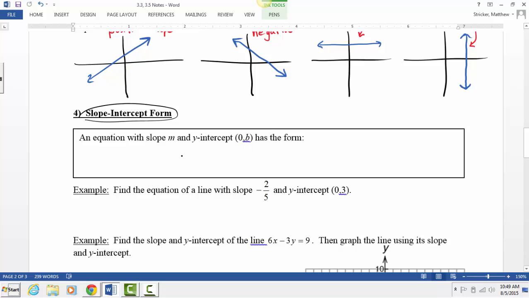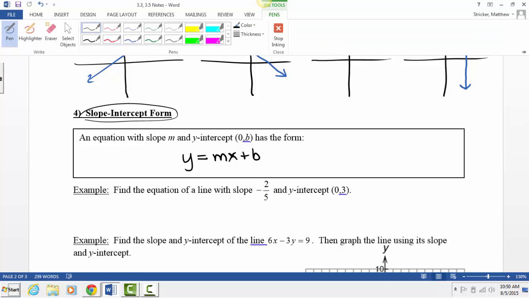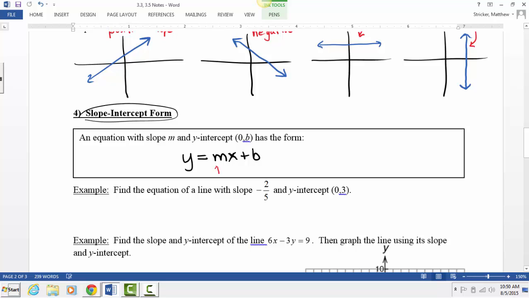This always has the form y equals mx plus b. A lot of you have probably seen this before, so it might not be something new. We'll just label these parts again. m is the slope, and b, the point (0, b), is the y-intercept.